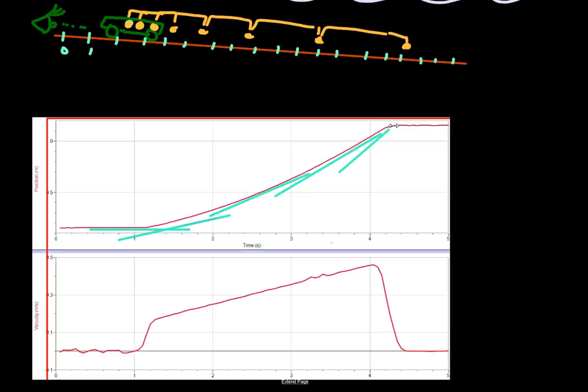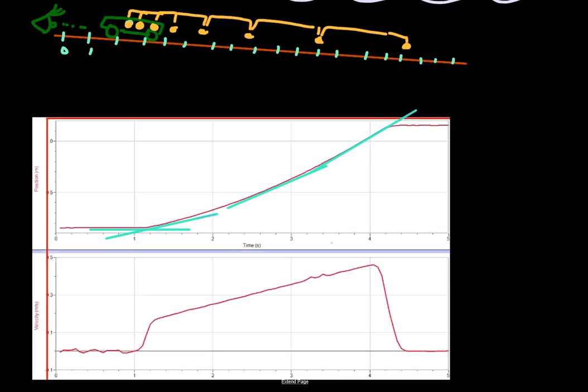So let me move these into place here. That's probably a good tangent there, that's probably tangent there, and this might be tangent here. I don't actually think it ever gets quite to that height.